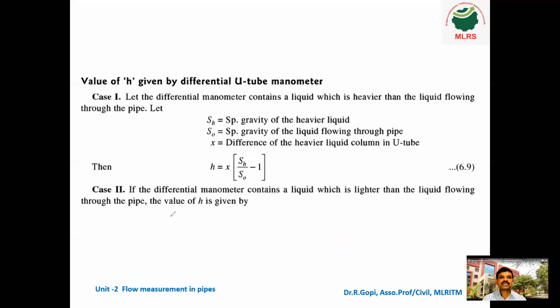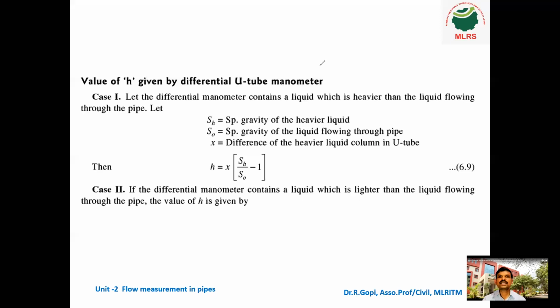Next, case 2: the differential manometer contains a liquid which is lighter than the liquid flowing through the pipe. Suppose the pipe has a heavy liquid and the manometer has a lighter liquid.